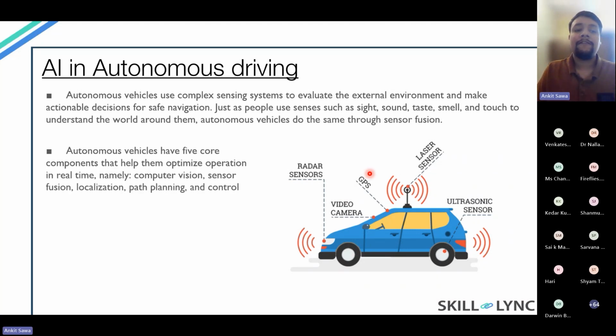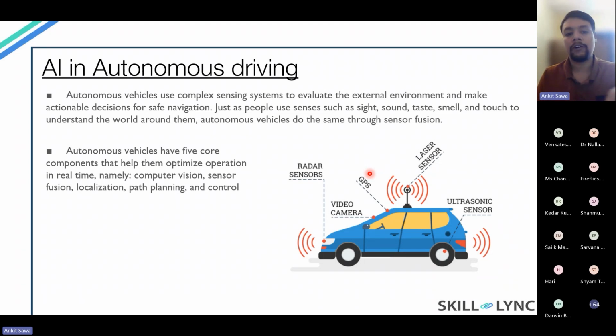Autonomous vehicles have five core components, which help to optimize operation in real time because it has to take a decision in real time, right? It cannot wait. One is computer vision, where it basically senses data through cameras. Sensor fusion, where it makes sense of every data coming from every other sensor. Localization, where it tries to use GPS sensors to understand its current state or current location. Then the path planning.